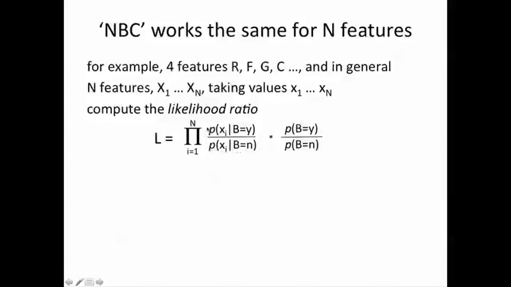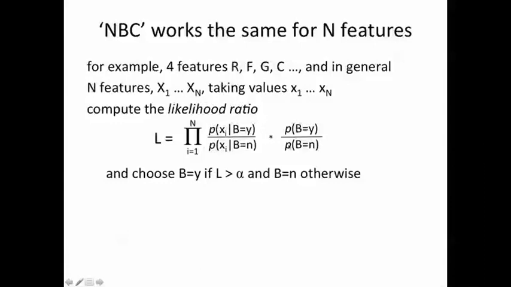And we do that for all the possible words. Many of them will have a no, so xi's for them will be no, but we still have to take all the possible words into account and choose yes if this likelihood ratio is greater than a threshold and no otherwise.